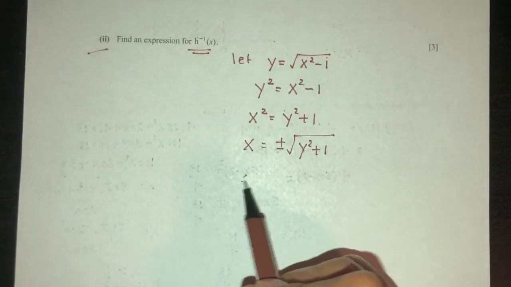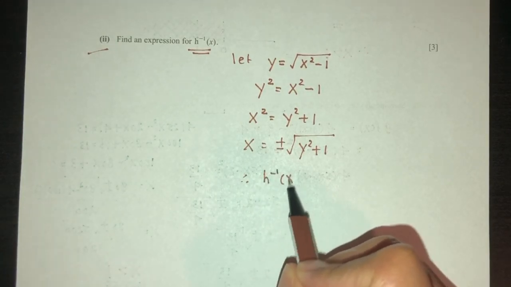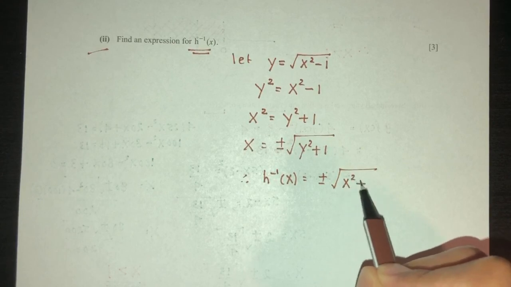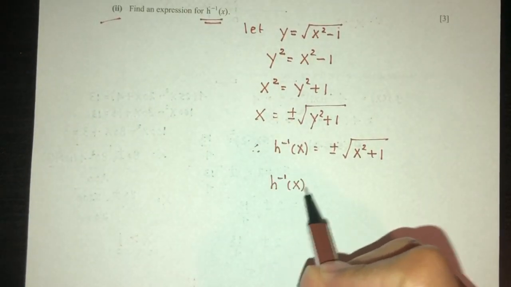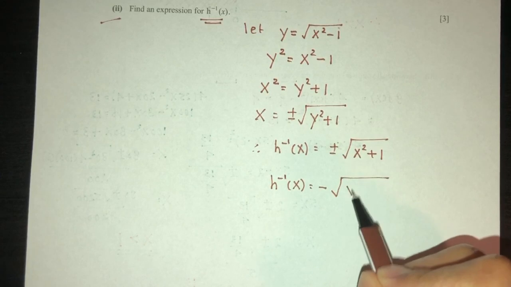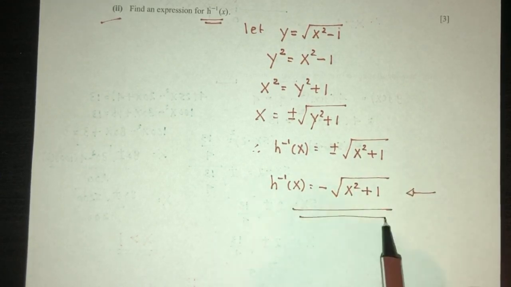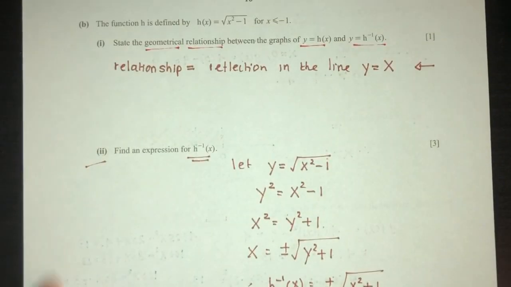As you can see, it is in terms of y, so we have to express this in terms of x. That will be plus minus root of x squared plus 1. Now you go back to here, you can see it has to be less than 1, so here has to be negative. Negative root of x squared plus 1. So that will be your answer for part 2 of question part B.